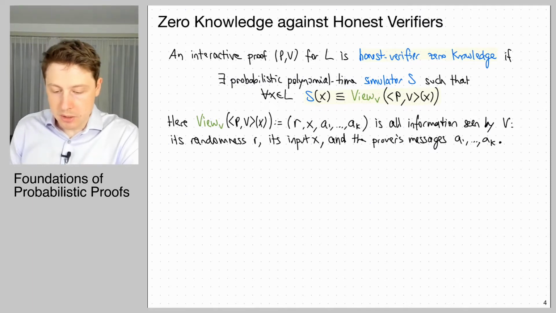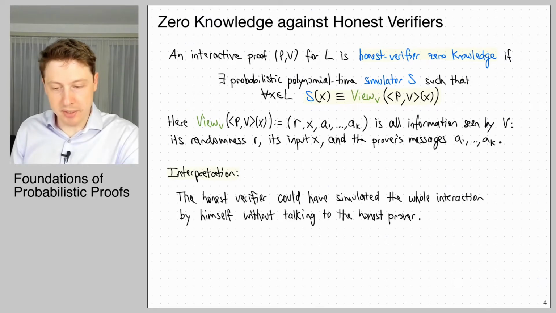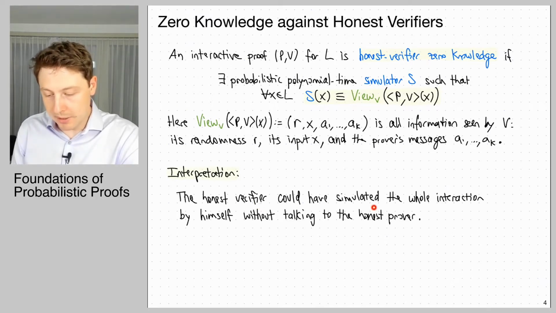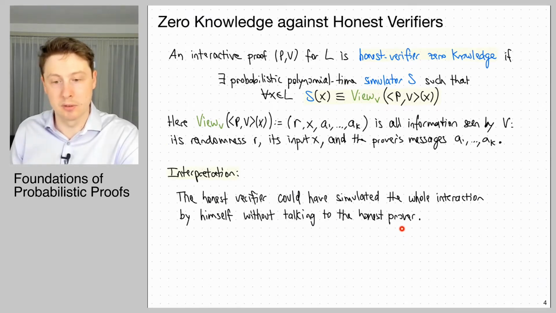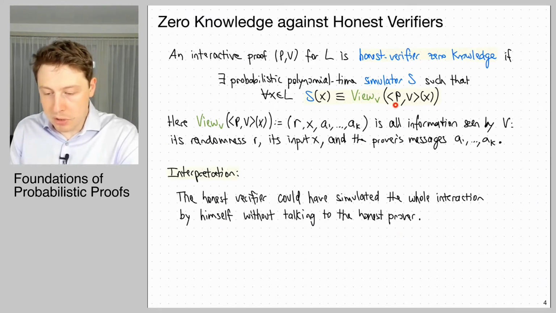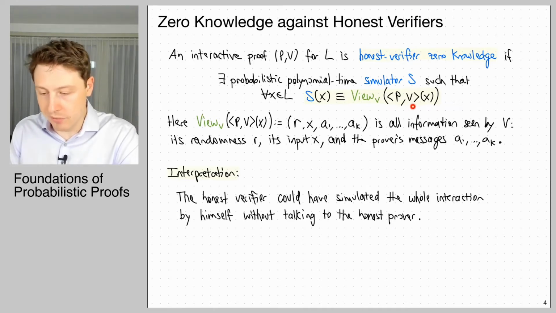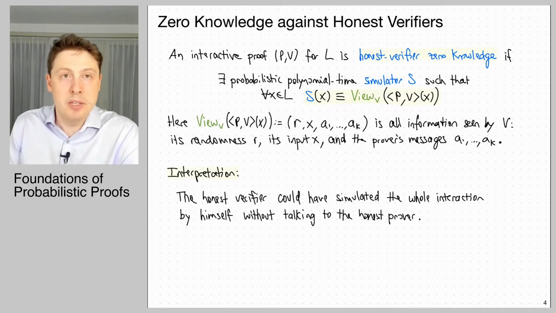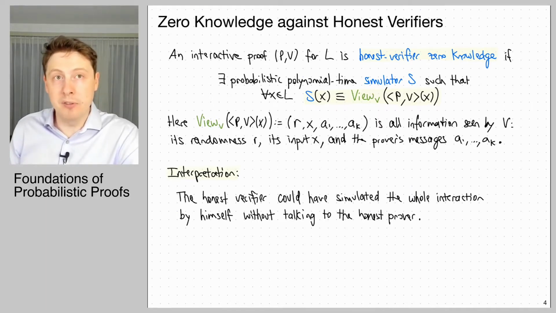Okay, so the interpretation for this property says that the honest verifier could have simulated the whole interaction by himself without talking to the honest prover. Because again, the prover is doing something magical here. It is convincing the verifier that X is in L for some hard language L. Possibly we're worrying, maybe the verifier, by being convinced and seeing the prover messages, will learn some non-trivial information about X. But that can't be really, right?